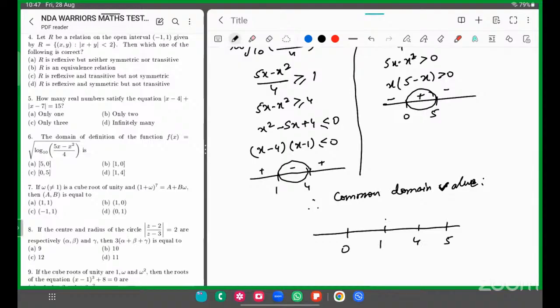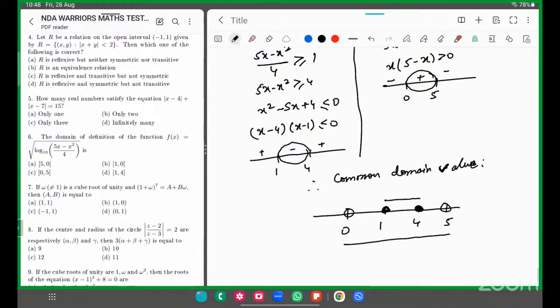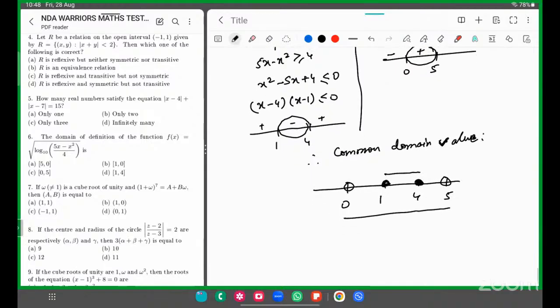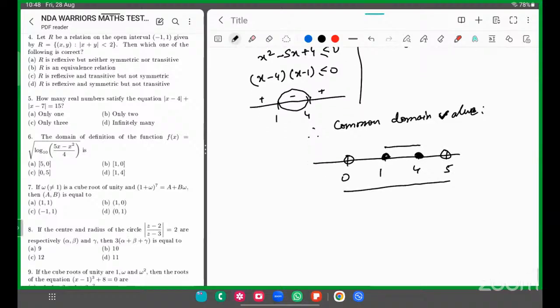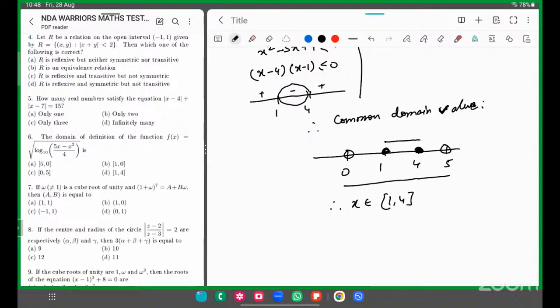It is saying 1 to 4. It is saying 0 to 5. Here it is a dark circle, closed, this is also closed, this is open, open. So our final output will be 1 to 4 only with closed bracket. Therefore, x belongs to 1 to 4 with closed bracket. Which option is it? Option D.